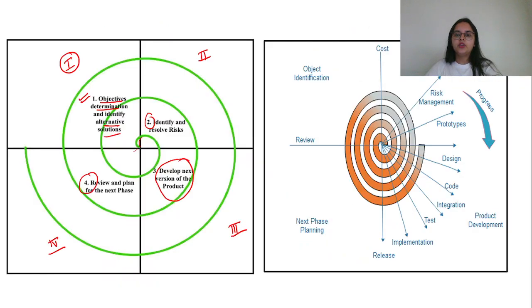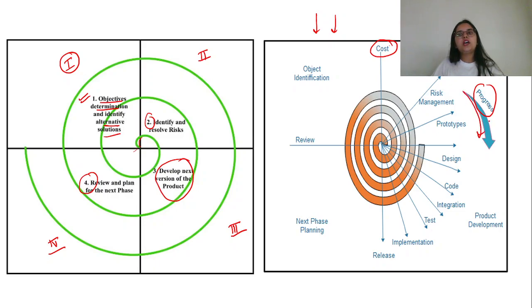And as you see in the second figure, two important things are listed. This figure is the same as the one I have just shown you. The only extra parameters added to this figure are the cost and the progress. You can see the arrow listed here.